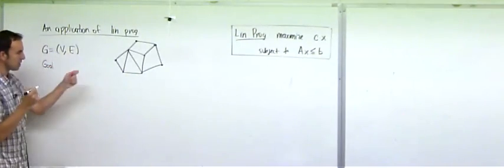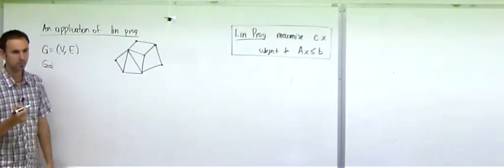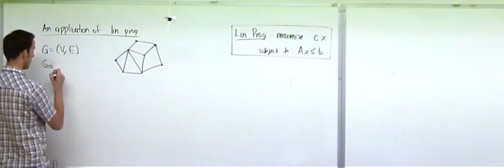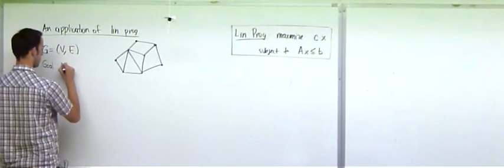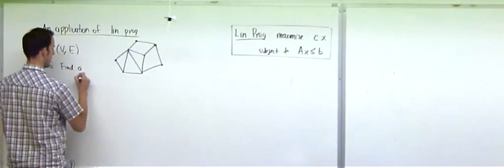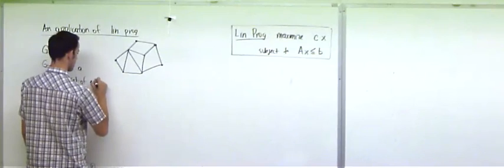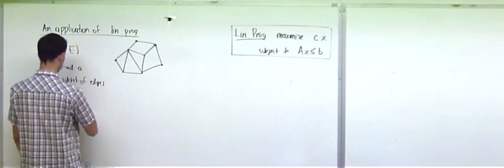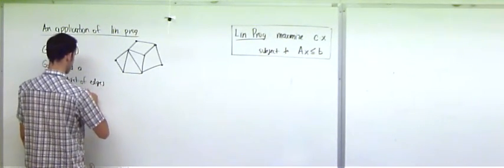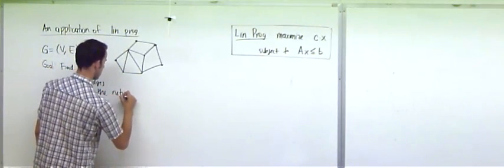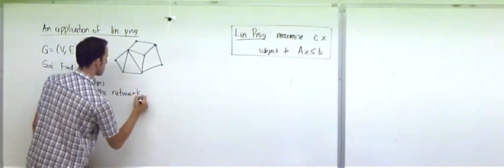And the way you do that is that you're going to rebuild some of the edges to connect the network. Find a subset of edges connecting the network.